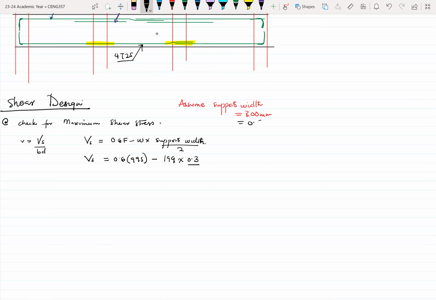So 0.3 over 2. All right. So if we do this, your VS, your big V, which is the shear force at the face of the support, would be 567 kilonewtons.